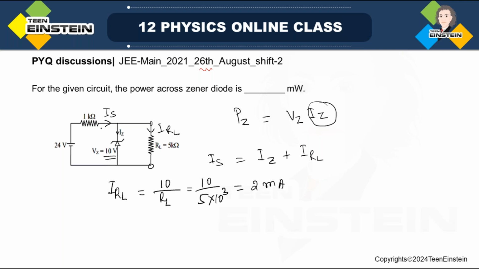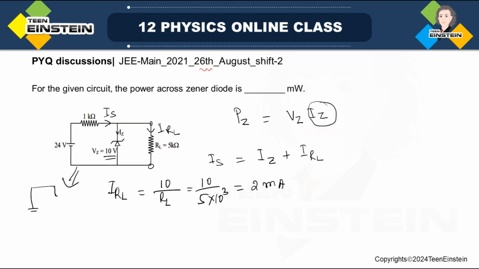Now how do I find out IS? This particular circuit can be drawn in another way also. Look, if you can understand this.